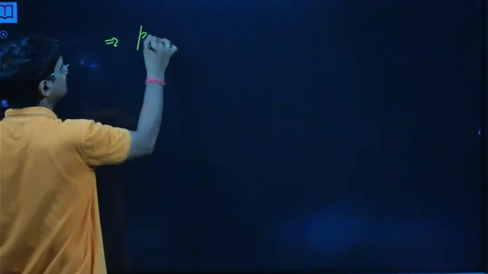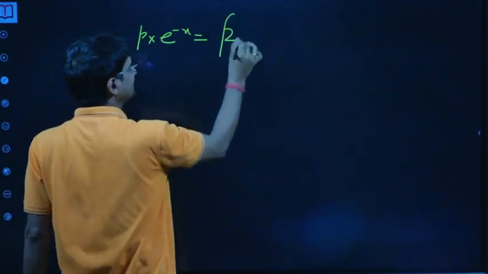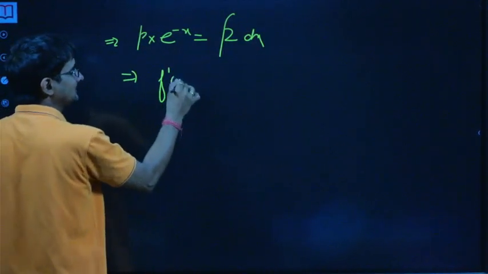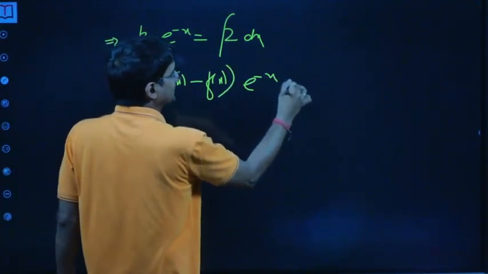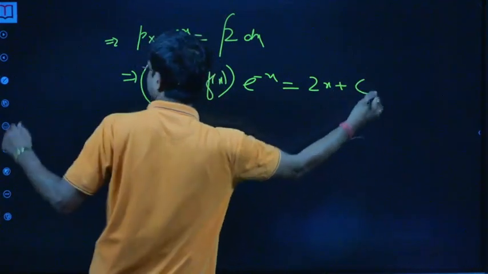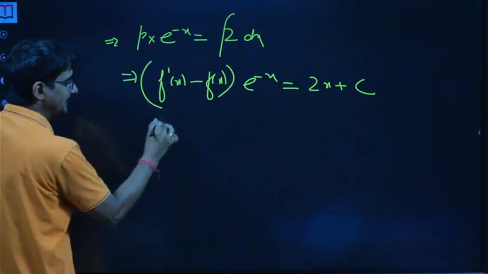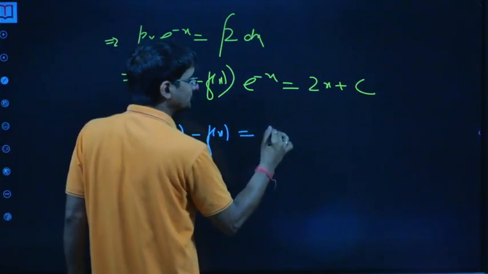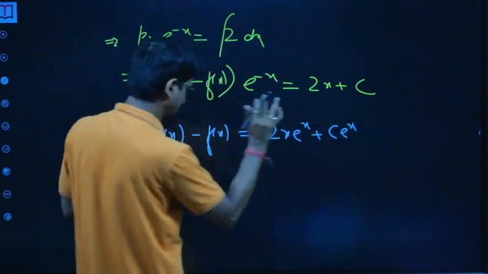We will get p times e^(-x) equals 2 times the integral dx. So p, which is f'(x) minus f(x), times e^(-x) is equal to 2x plus c. So f'(x) minus f(x) is equal to 2x e^x plus c e^x. So that's the first step.